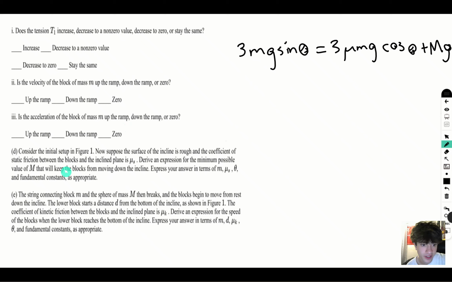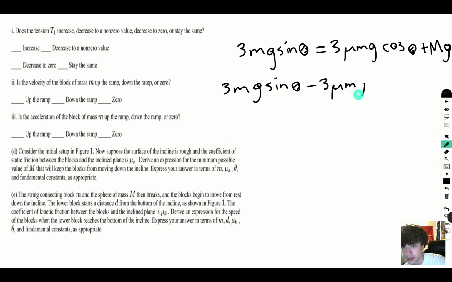And now it's asking for us to find the minimum value of m, meaning that we want to separate everything from this big M. We'll subtract 3 mu mg cosine theta from both sides. Get 3 mg sine theta minus 3 mu mg cosine theta is equal to mg.